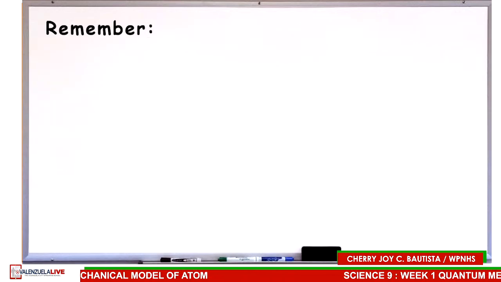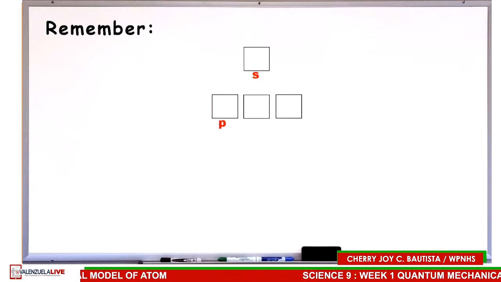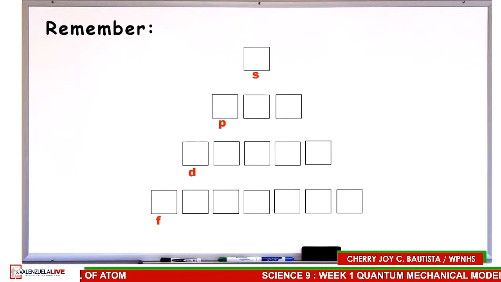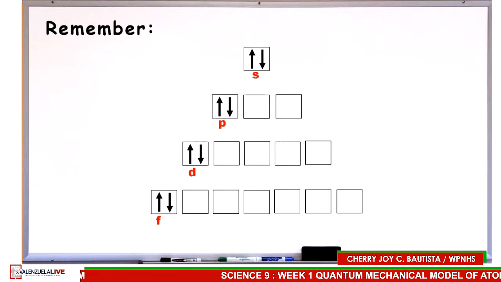Take note that s has only one orbital, p has 3 orbitals, d has 5 orbitals, and f has 7 orbitals. Each orbital can only hold up to 2 electrons, which is represented by the up and down spin.